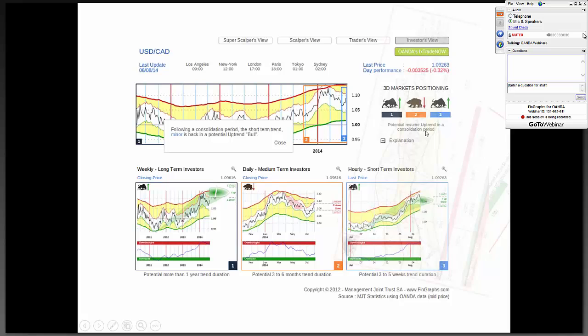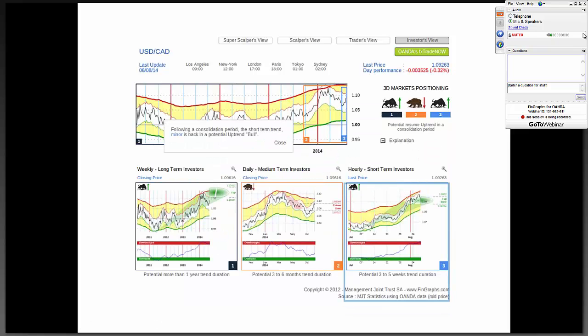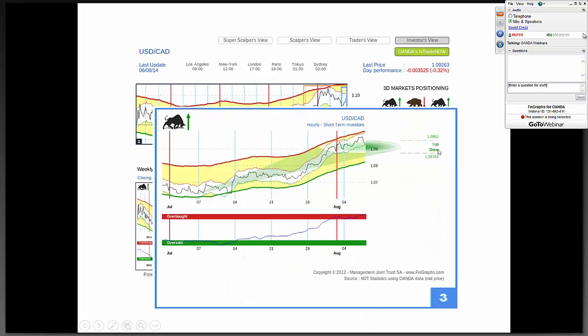The daily is in a correction down, which is over, which has been done. Prices are moving up again, but the trend analysis doesn't confirm it yet. The hourly has been heading up and has reached its impulsive potential. So it's exhausted over the next week or so.